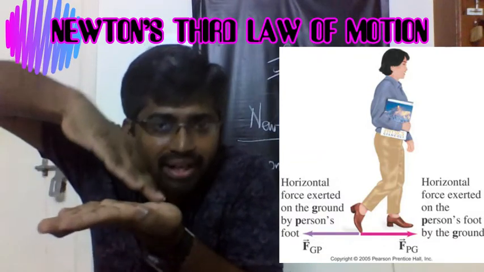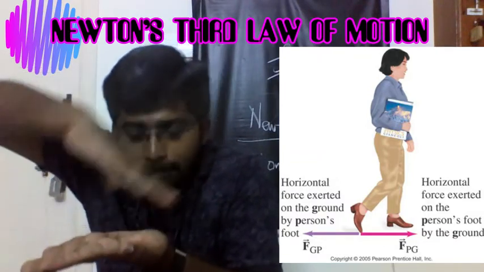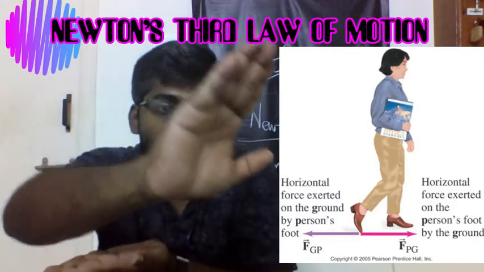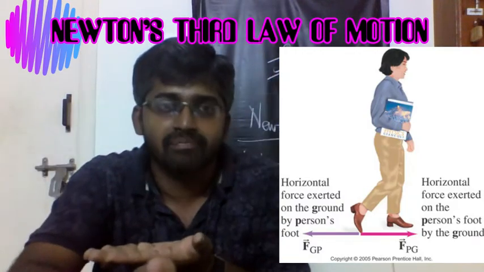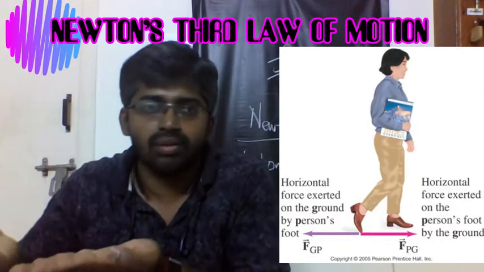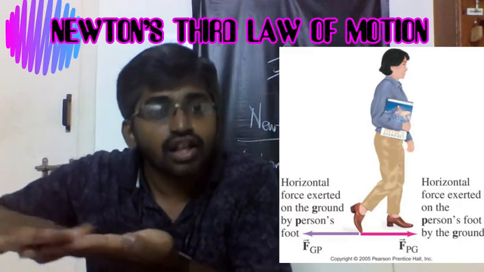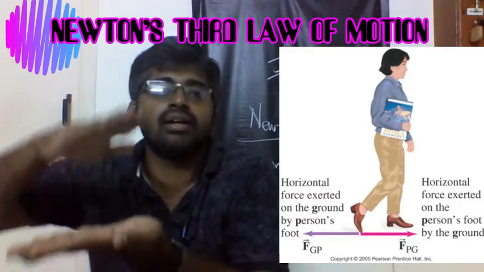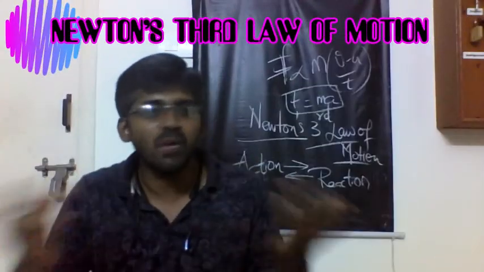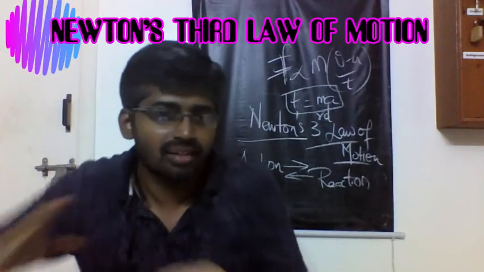I press my leg backward, so the ground is pushing me forward and I am moving. If there is no ground and no force applied from the ground, can I move? I cannot move. I cannot go anywhere.